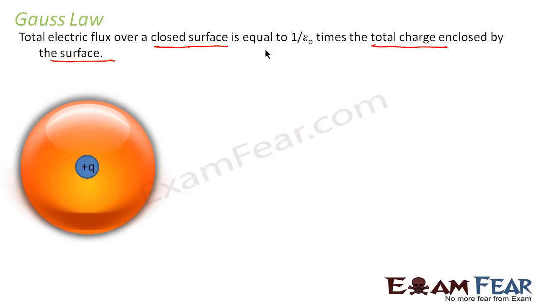For example, I have a positive charge Q inside this sphere. So this sphere being a closed surface, according to Gauss law, the total electric flux over this sphere will be equal to the integration of E dot ds over the closed surface, right?